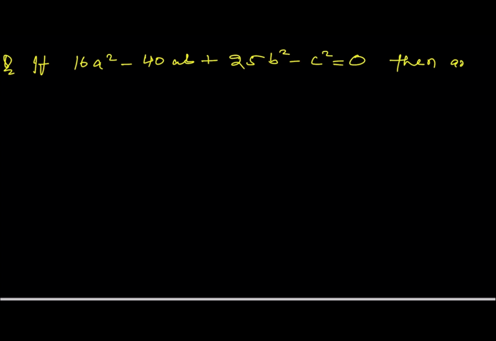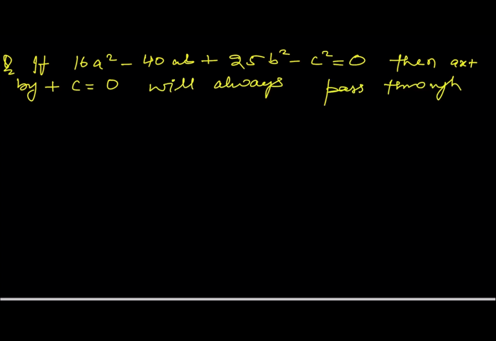Question is, if 16a square minus 40ab plus 25b square minus c square is equal to 0, then ax plus by plus c is equal to 0 will always pass through... Means you have to find the point through which this line is always passing, right?